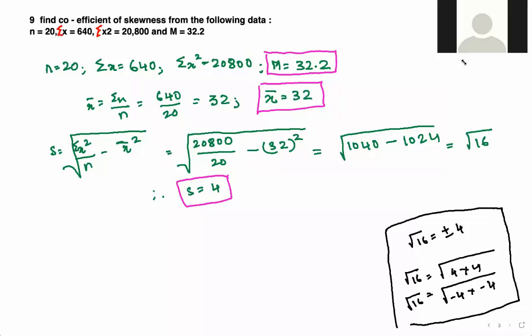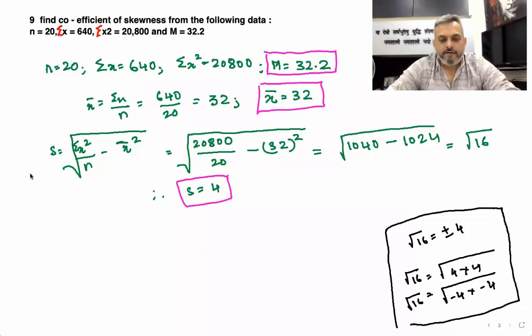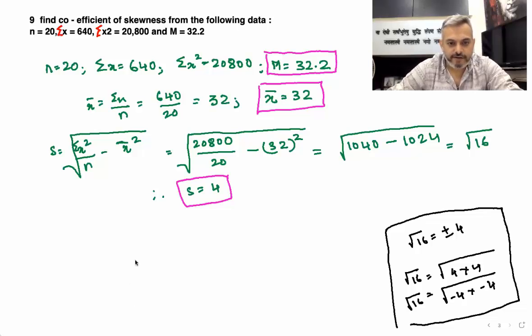Okay. Now we have mean, we have median, and we have standard deviation. So let's find the coefficient of skewness.